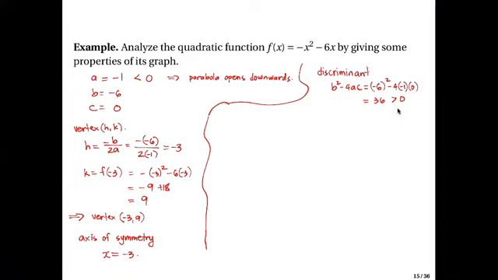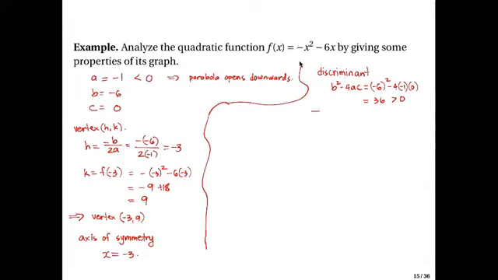So if it crosses the x-axis twice, let us calculate the x-intercepts. Since the discriminant is positive, the graph crosses the x-axis twice. So let's calculate the x-intercept.